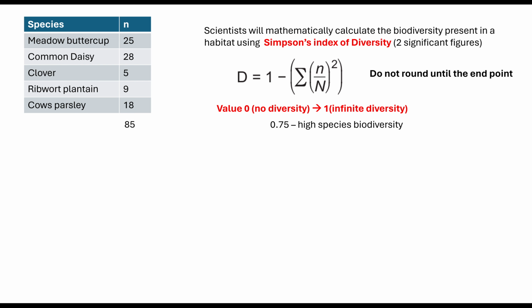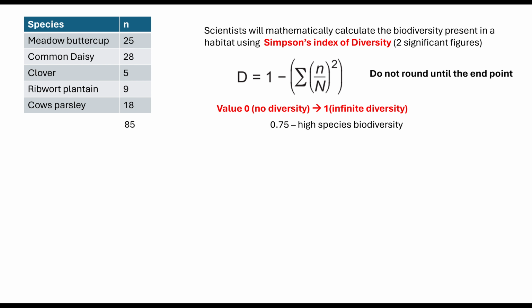The closer you get to the 1, that's an infinite diversity, therefore a high species biodiversity. What they tend to do in the questions is give you a set of examples of 2 or 3 areas. In that case, you want to be using the terms higher, lower, because that is you comparing the results that you have been given.